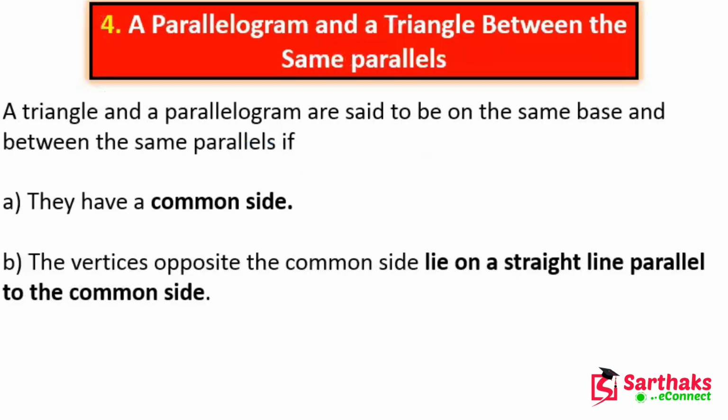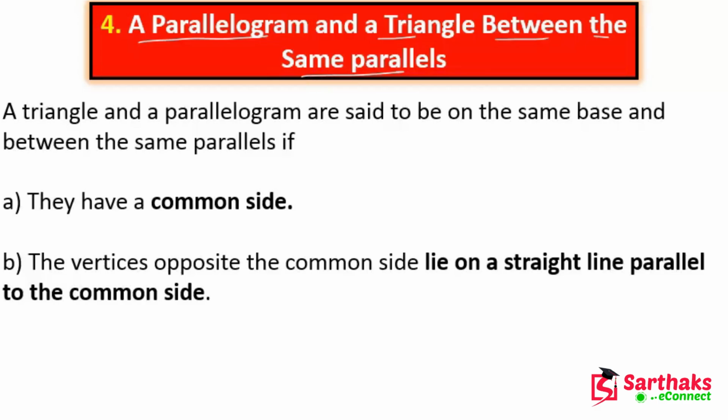Today we are going to discuss a parallelogram and a triangle between the same parallels. In this case, we have a parallelogram and a triangle on the same base and between the same parallels.